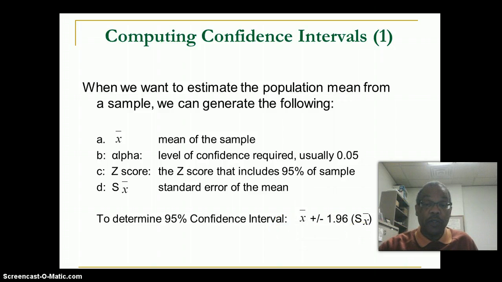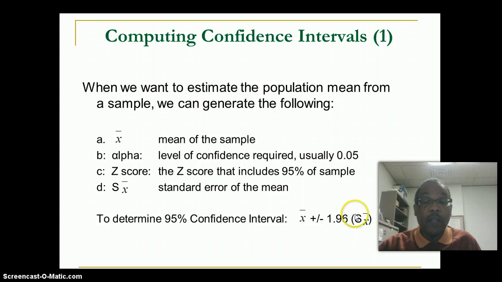Let's break this down into its component parts then. This is the mean of the sample. This is plus or minus. Your handouts would have just a plus, but it should be plus/minus, which is plus or minus 1.96 times that standard error, that statistic I shared with you a second ago.